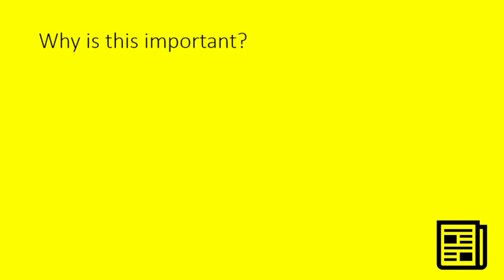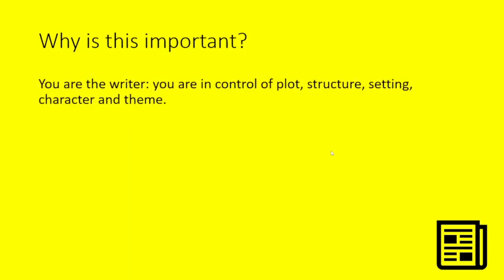So why is this important? Why might your creative writing teacher say, look, the change of point of view, we need to talk about it, or they may get excited about it. You are the writer. You are in control of plot and structure and setting and character and theme, all of it.